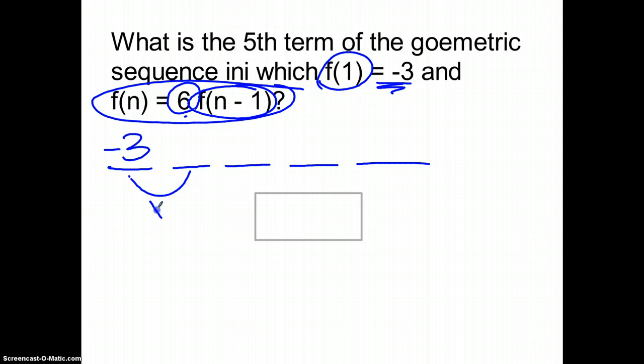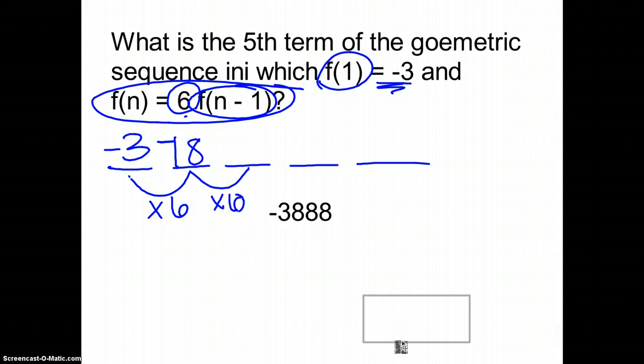So I'm going to multiply by 6 the whole time. So negative 18, because it's negative. And then we just keep timesing by 6. If we do that until we get the fifth number, it is negative 3,888.